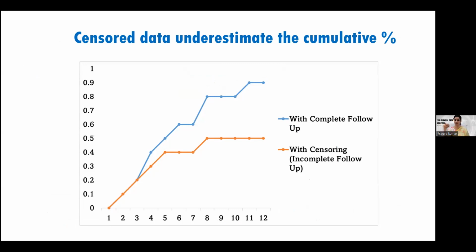So Dr. Saurabh is writing, let me see the chat, what he wrote. Is it not better to use incidence density in such cases? Incidence density can be done with the person time. But again, there are problems with that person time, because for that, you assume that the rate is constant throughout the period. But actually, that's not the case.